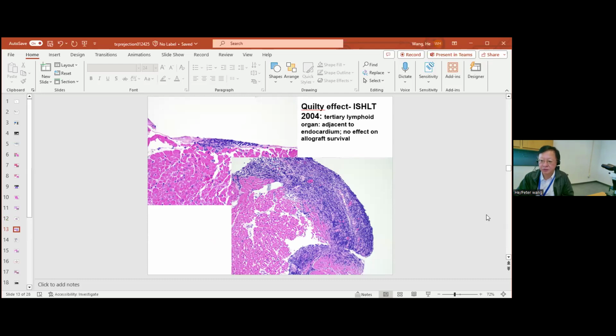These are so-called mimickers of rejection. In the Quilty effect, you can see the lymphocytes infiltrate either totally on the surface of the endocardium or start from the endocardium and penetrate into the cardiomyocyte. You can imagine, if the biopsy doesn't include the endocardial surface, it's pretty challenging to tell whether this is 2R, 3R, or Quilty effect.